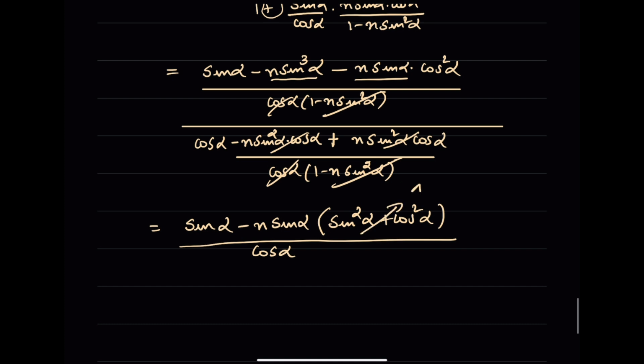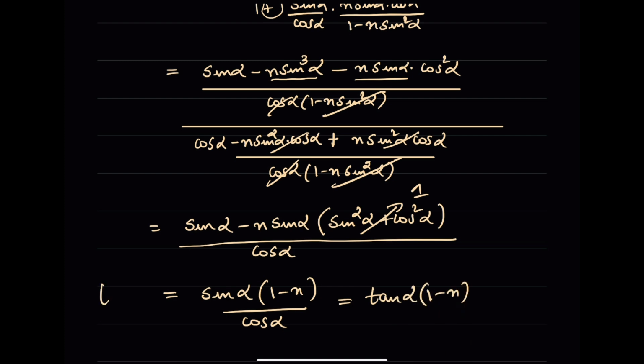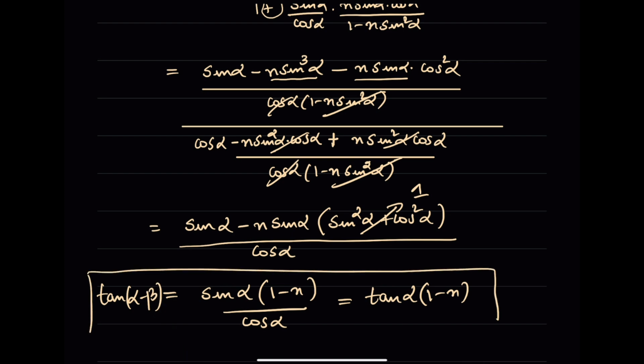Now this will be equal to 1 because of the trigonometric identity sin square alpha plus cos square alpha is equal to 1. So now we will have sin alpha as common, and it is 1 minus n divided by cos alpha. This is equal to tan alpha times 1 minus n. So this is the value of tan of alpha minus beta. So this is the proof we were required to find out, and we have implemented the difference formula of tan of a minus b.